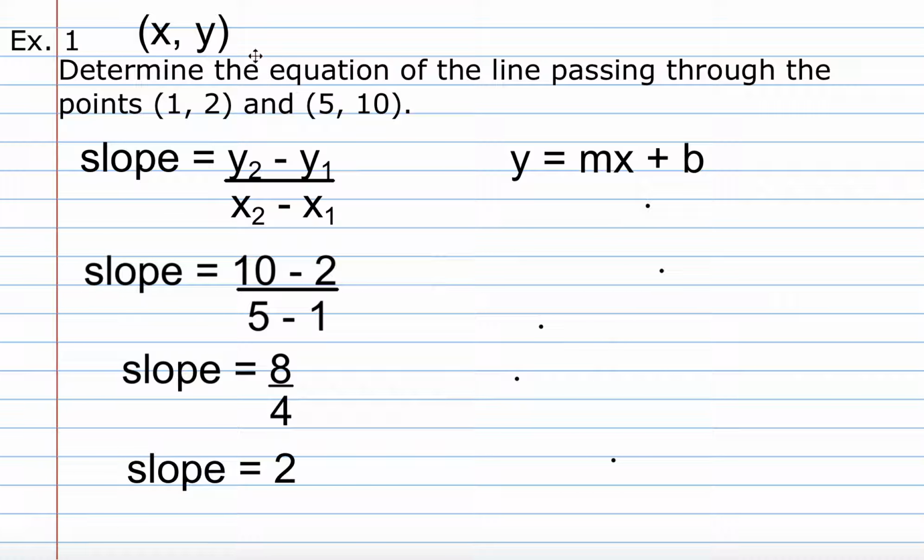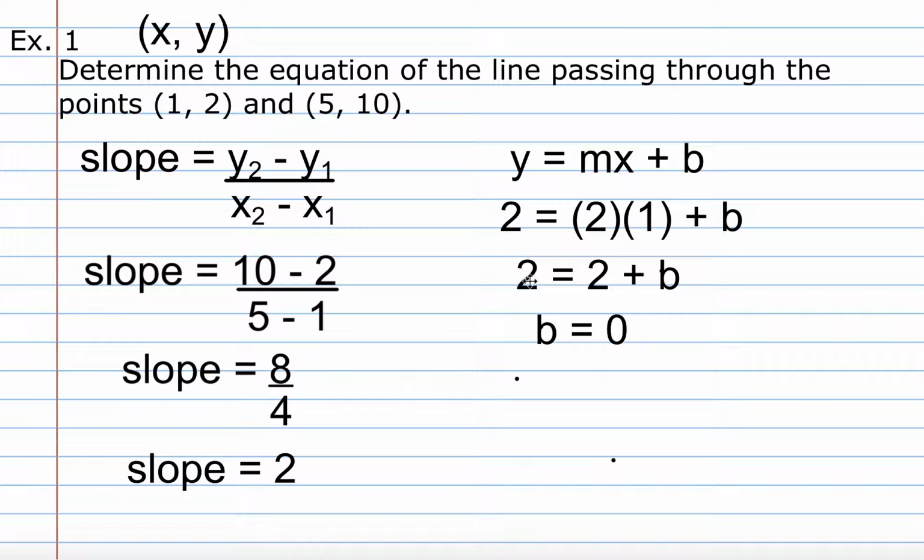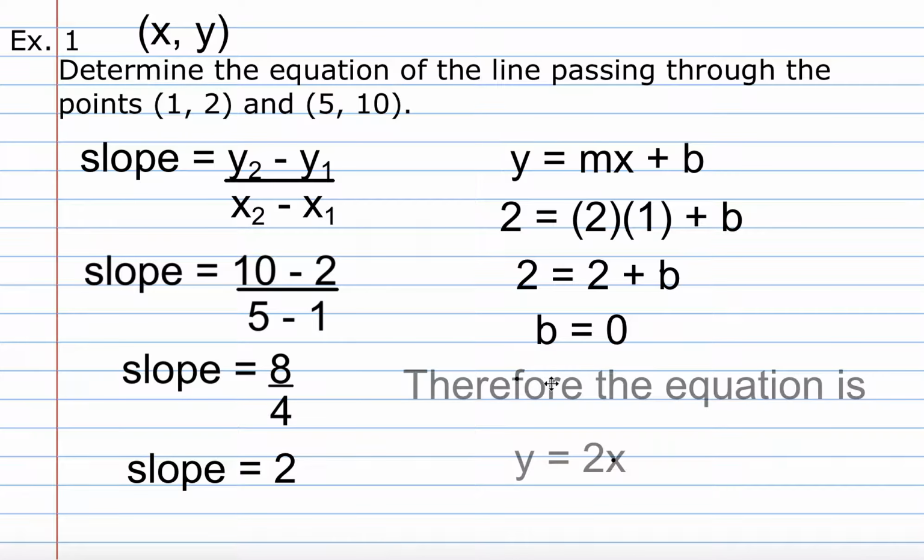My second number is going to be the y value, so we're going to have 2 equals 2, my slope, times 1 plus b. Now 2 times 1 is 2. When I subtract it to the other side, it becomes 0. 2 minus 2 is 0. So then we have the equation of 2x plus 0, or just 2x. That's what I've left it as.